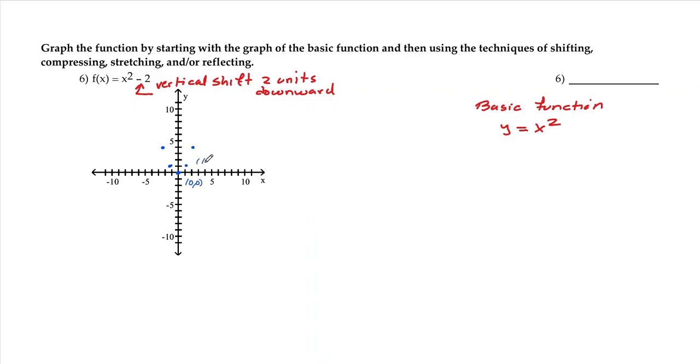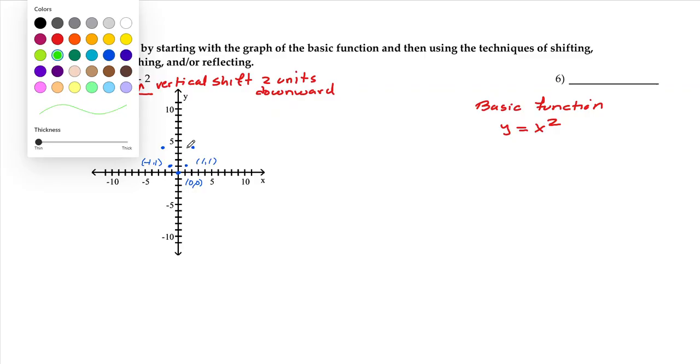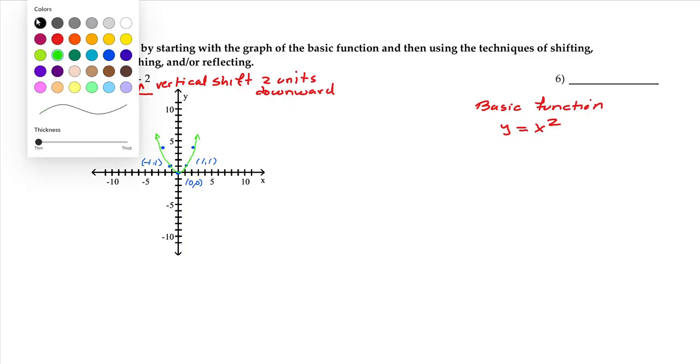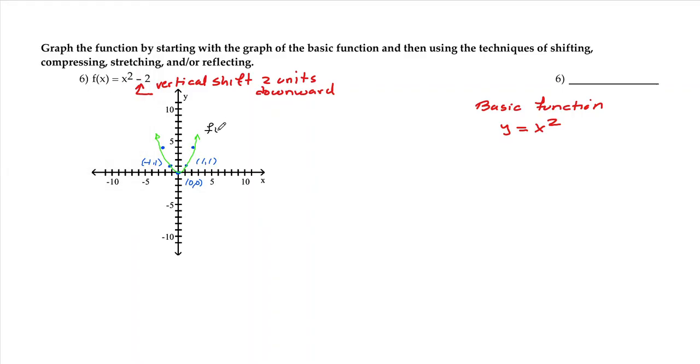There's one point here at 1, 1, and this point over here is at minus 1, 1. And then if we draw the graph of the function, the graph is a parabola. I will try to do my best to get a parabola. So it is like this. This one is the graph of the basic function f of x equals x squared.